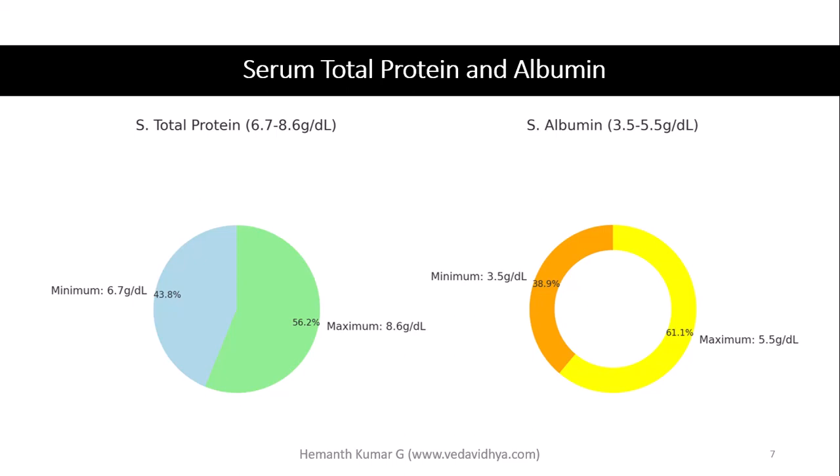Serum total protein levels are a reflection of the liver's ability to synthesize proteins, which is crucial liver function. Proteins are vital for various body processes, including maintaining oncotic pressure, immune response, and nutrient transport.